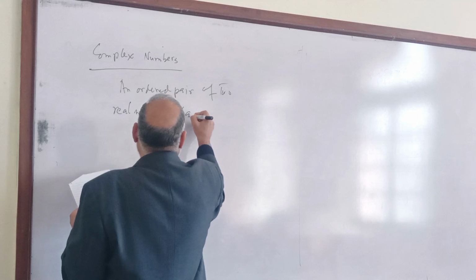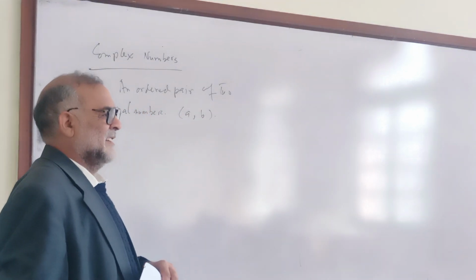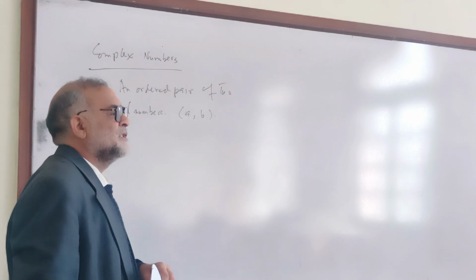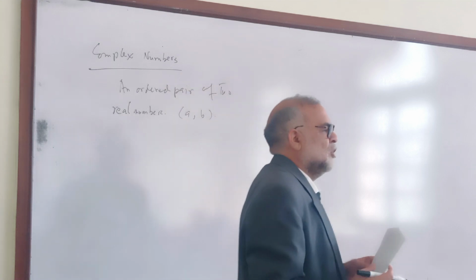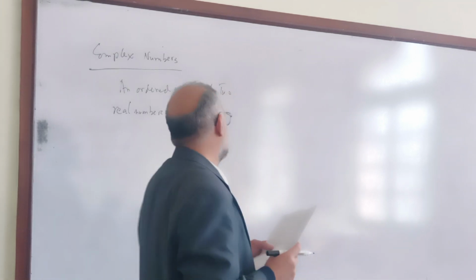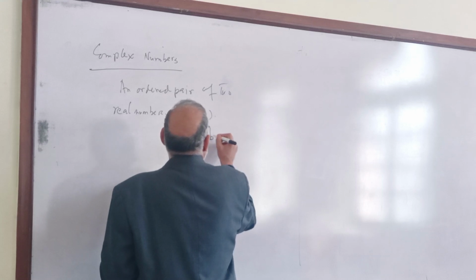Say a, b. This will be a complex number, an ordered pair of two real numbers, which is further written as a plus iota b.